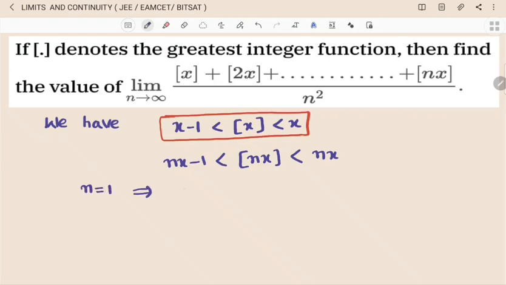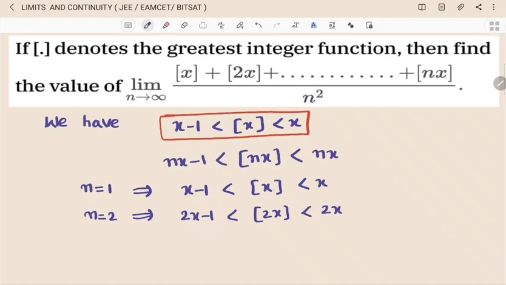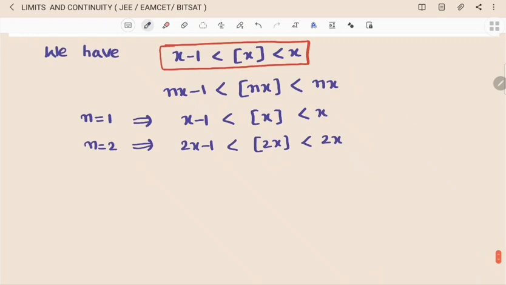you will get x minus 1 is less than [x] is less than x. n is equal to 2, you take, so 2x minus 1 is less than [2x] is less than 2x. n is equal to 3, if you take, 3x minus 1 is less than [3x] is less than 3x, and so on.